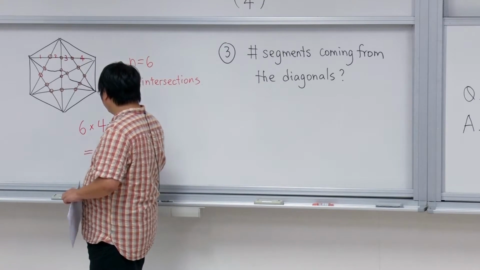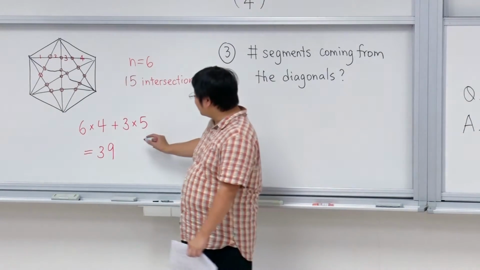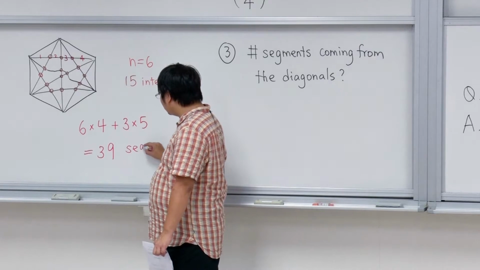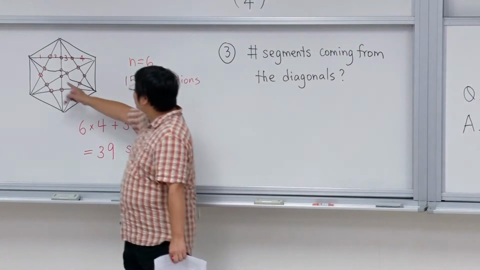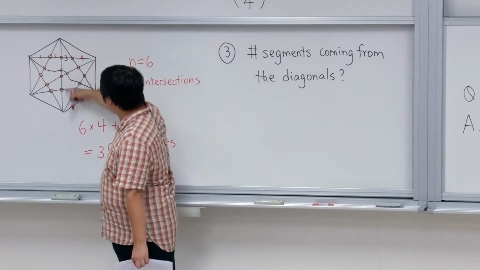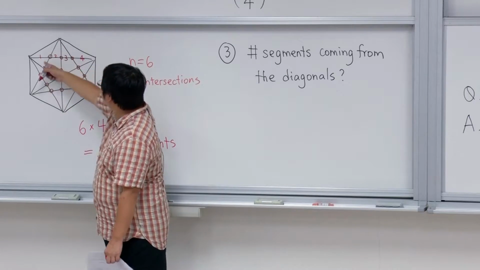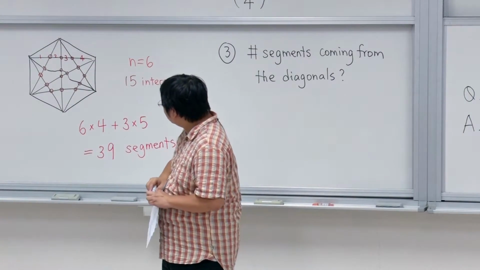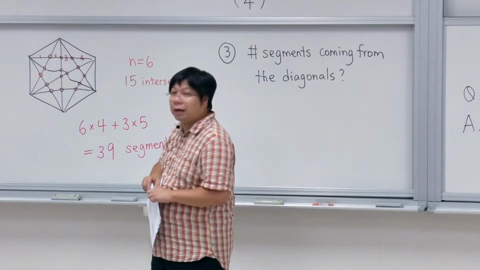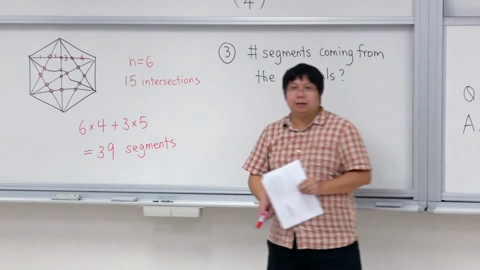So this is going to be 39. For the case of n equals 6, there are going to be 39 segments. This one has 5, this one has 5, this one has 5, but all the other cases each have 4. Okay, so this is 39.